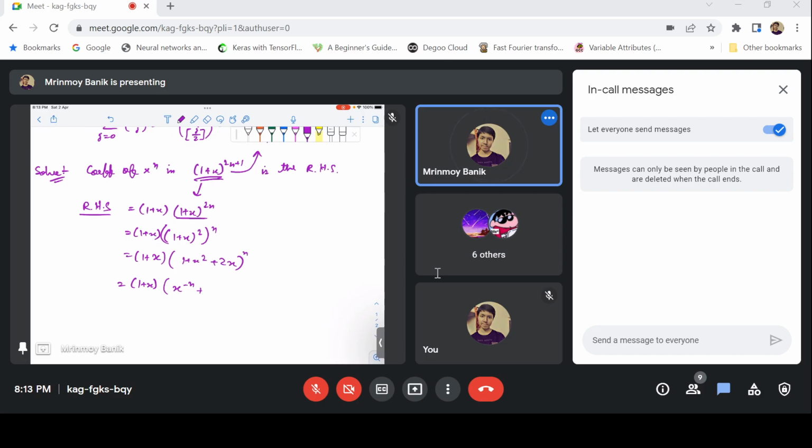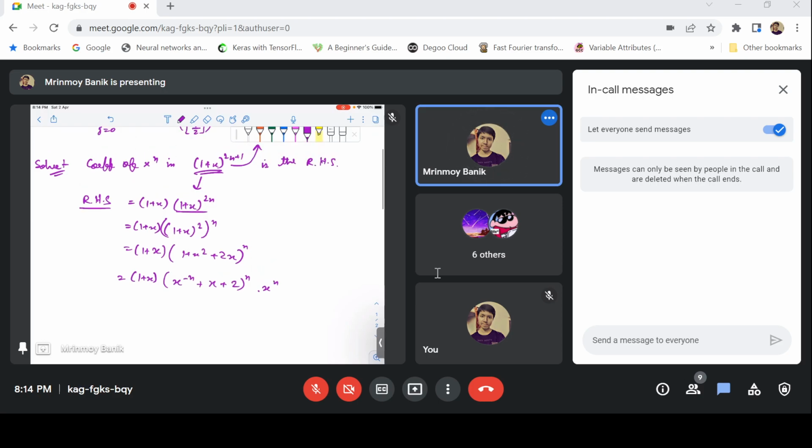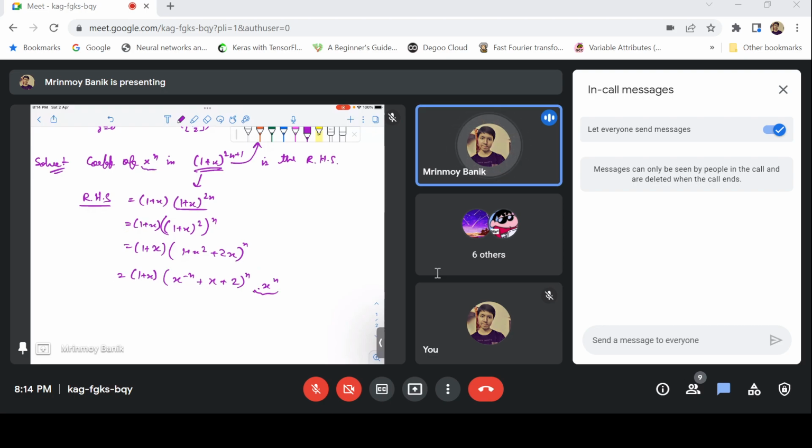Write it as x plus 2. So this is that. So now, coefficient of x power n, and here we have factored out x power n.